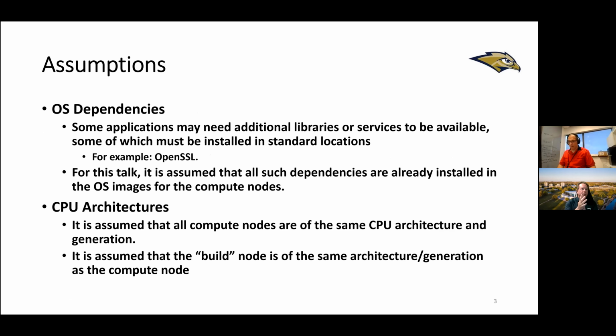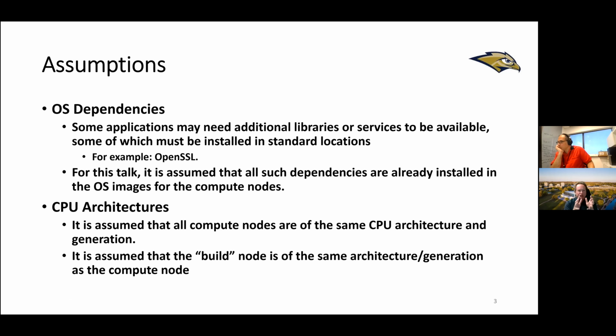Our assumptions here are about OS dependencies. Some applications will need additional libraries. For example, you want to install a given application and it needs OpenSSL. Those system-like libraries are typically easier to deploy on all the compute nodes.